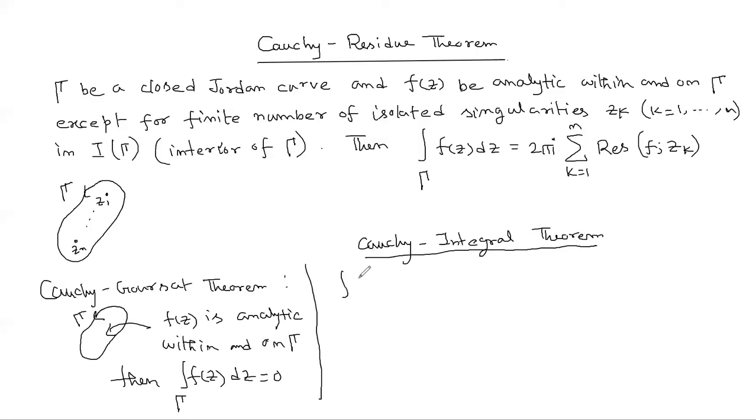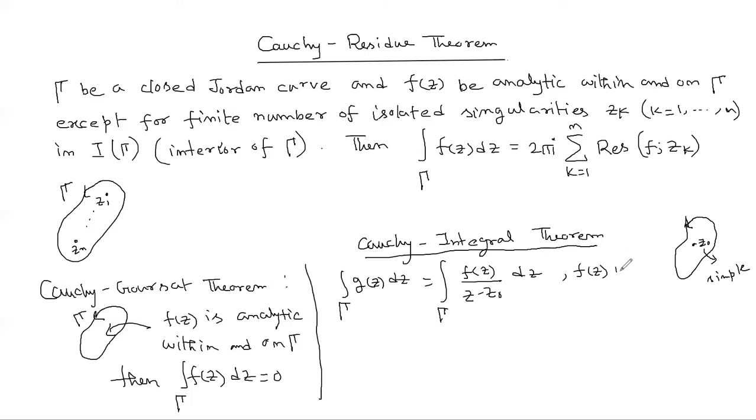That means if we integrate g(z) dz over gamma and g(z) has a singularity, say z_0, which is a pole kind of singularity, if it is a simple pole, that means if I can write this as f(z) by (z minus z_0) over gamma, where f(z) is analytic within and on gamma and z_0 is a point inside gamma.